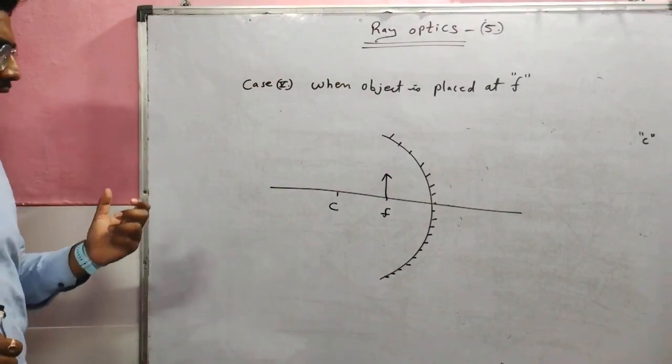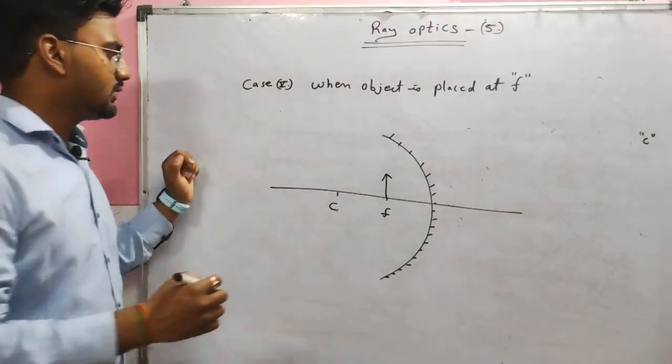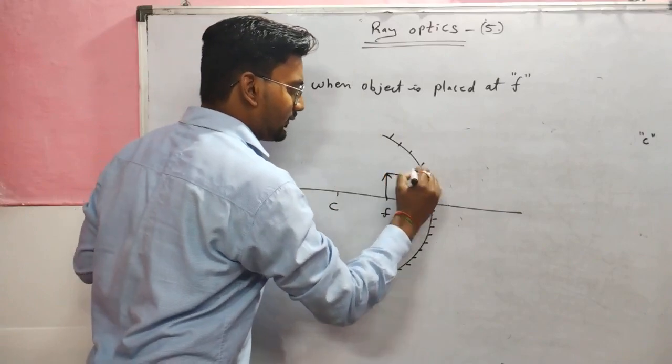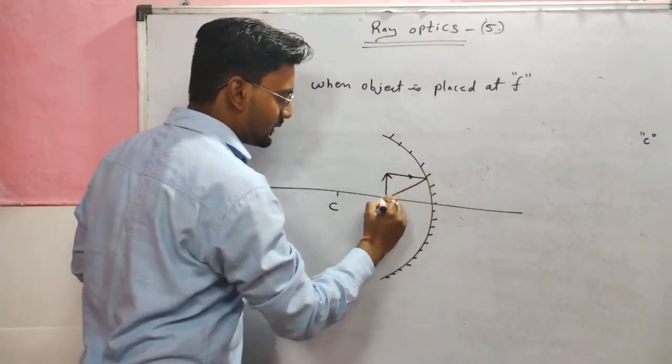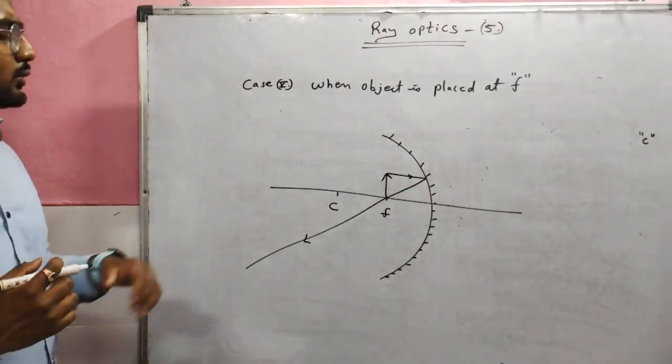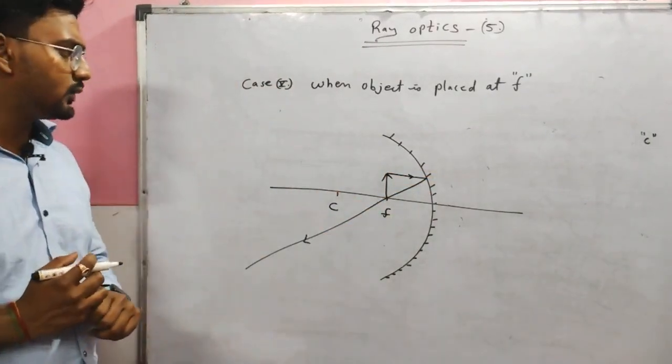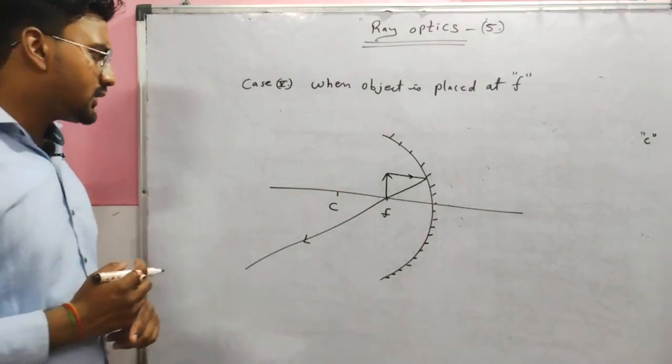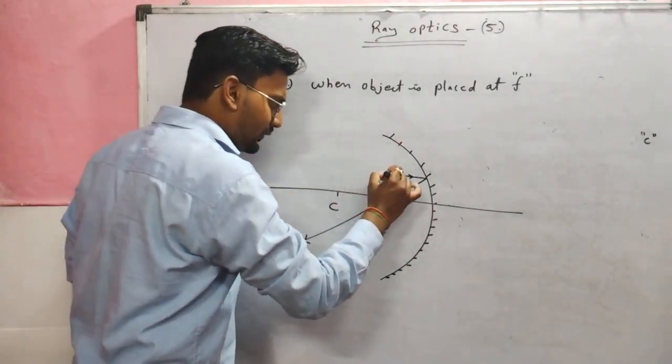When we put the object on the focus, take the light ray coming parallel to the principal axis, then after reflection it will pass through the focus. Here we do not draw a light ray through the focus because the object is placed on the focus. That's why we use rule number 4.